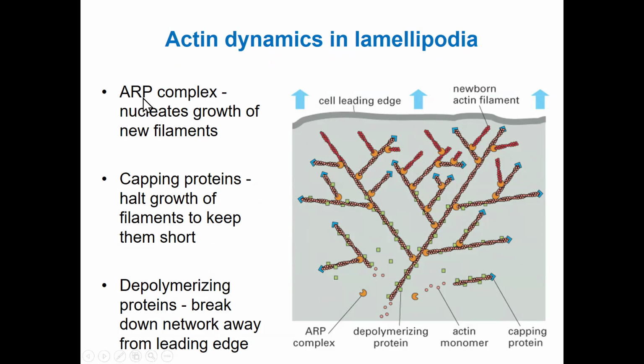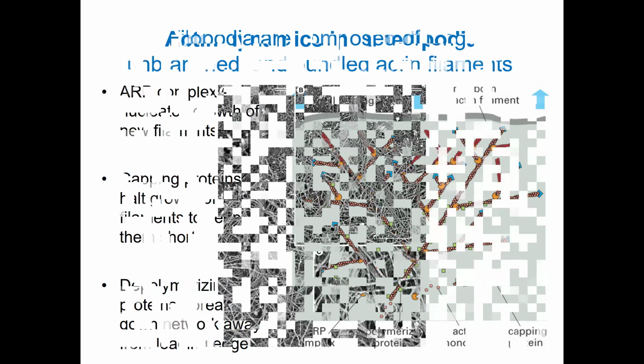Lots of proteins are involved. For example, the ARP complex nucleates growth of new filaments. Capping proteins halt the growth of filaments to keep them short, and depolymerization proteins break down the network from the leading edge. So this network helps the cell to crawl smartly.